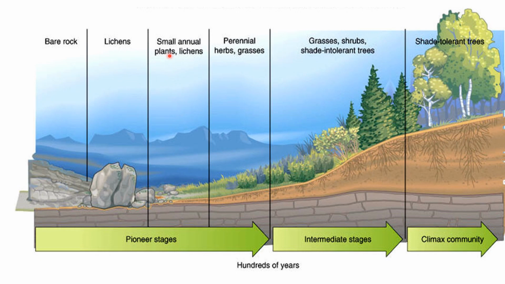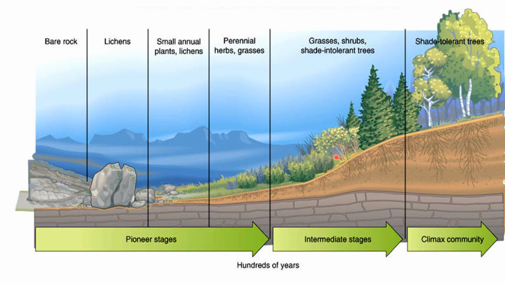The third block tells us about small annual plants and lichens. You can see the small plants growing in these blocks. The fourth one is perennial herbs and grasses. Somewhat more plants and herbs are growing in this area.